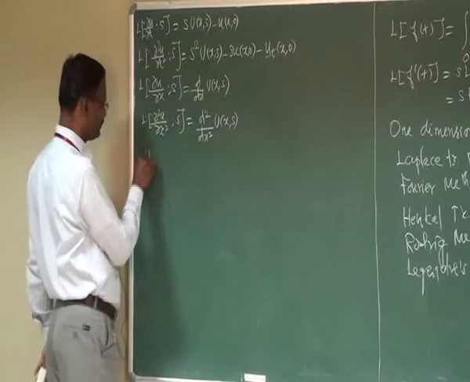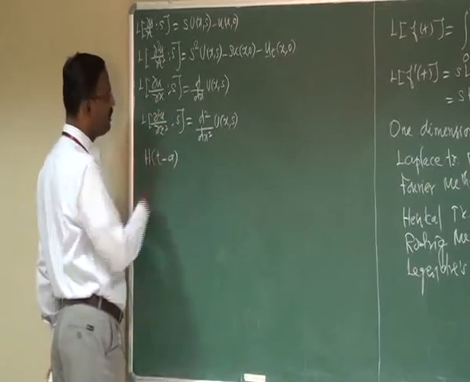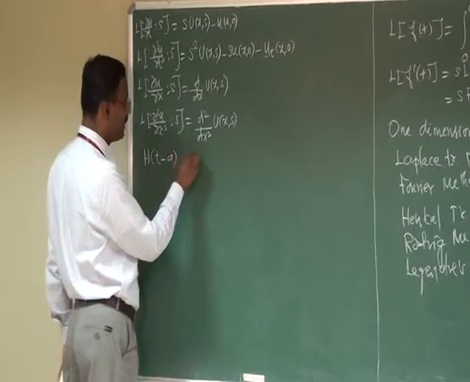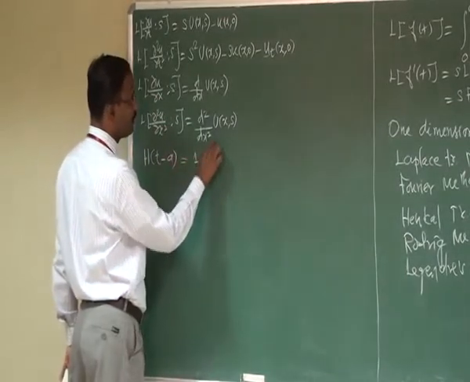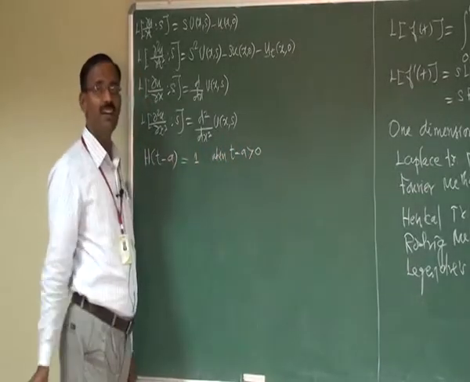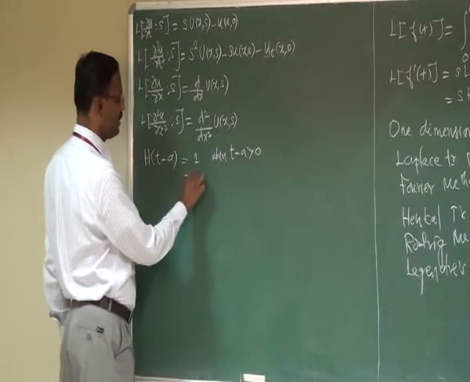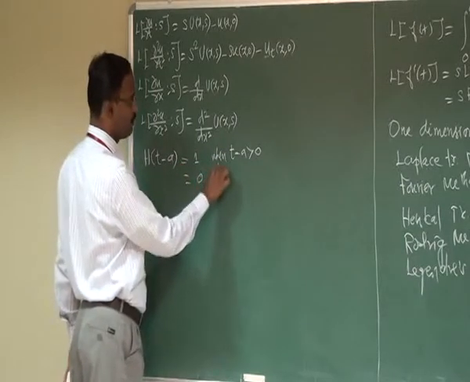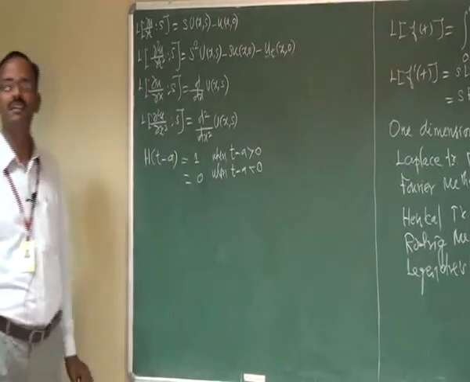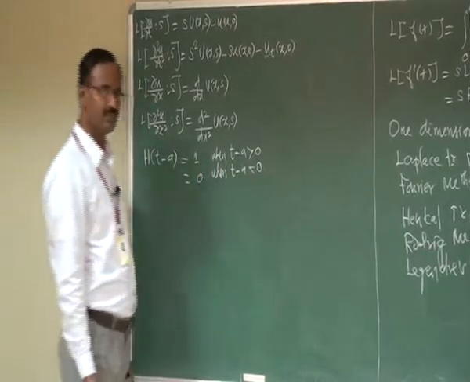So as you know, the Heaviside unit step function H(t minus a) is equal to 1 when the argument t minus a is positive, and it is equal to 0 when the argument t minus a is less than 0.